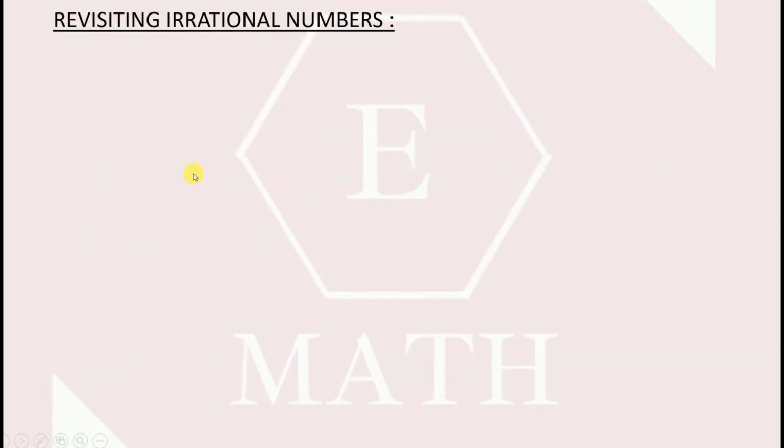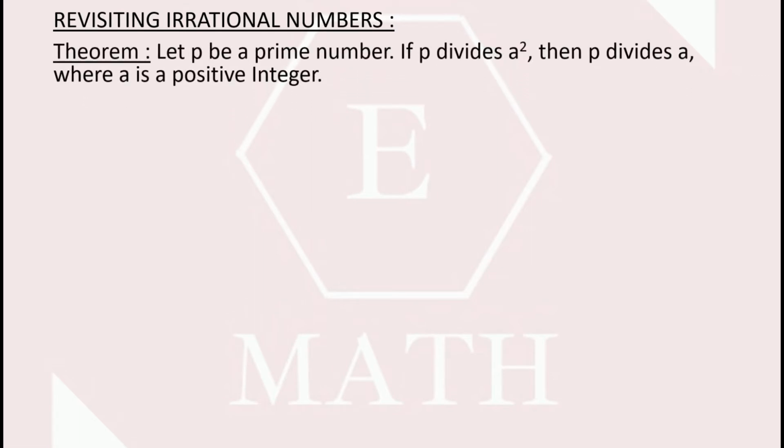And then we have revisiting irrational numbers. You know what irrational numbers are, right? We have a theorem in this chapter. The theorem says: let p be a prime number, if p divides a square, then p divides a, where a is a positive integer. What is the meaning of this statement?